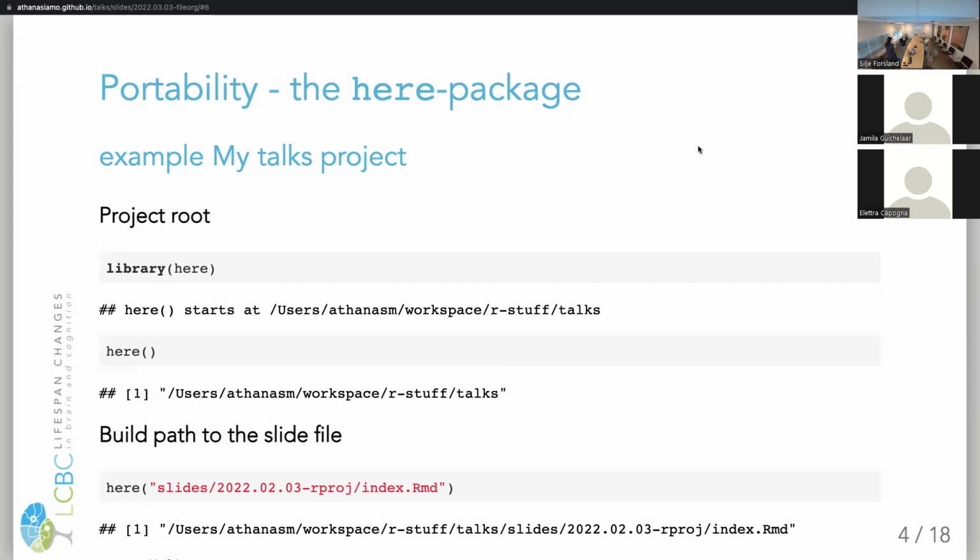Which is probably all way more information than you need to know, but it's a way to reference this file directly from the project root from anywhere in my project.